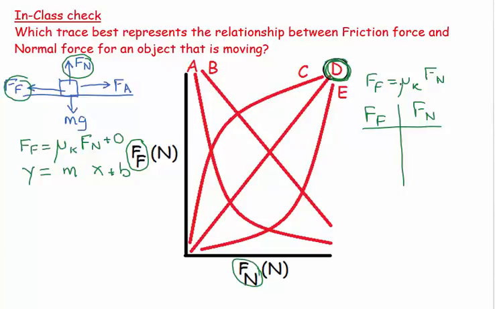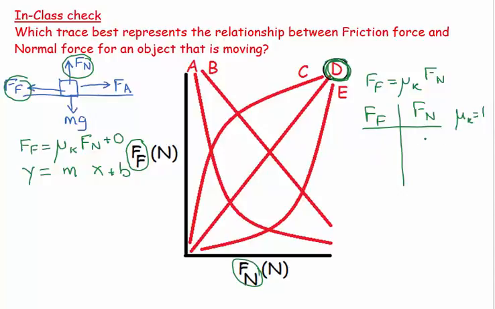My response, for this type of analysis where you're trying to get the shape of a graph, is: let's just assume a value. Which value shall we assume? The simplest value. Let's assume that mu k is equal to 1. It's constant. Why not pick the easiest one?